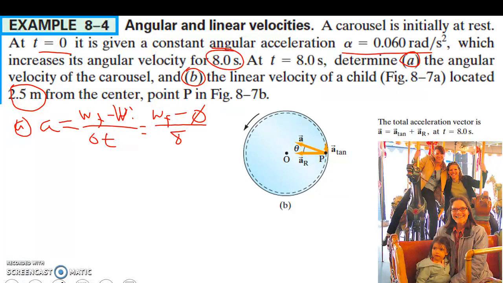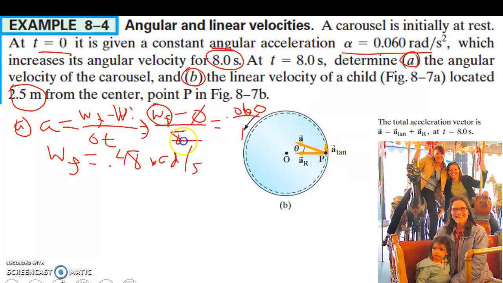And we know that will be equal to our acceleration, which is 0.060. So we're going to solve this for WF, our final angular velocity. Once we do all the math, and again, I just put this over 1 and cross multiply it, when I get to my WF, I get 0.48 radians per second. Okay, so that's my final angular velocity.